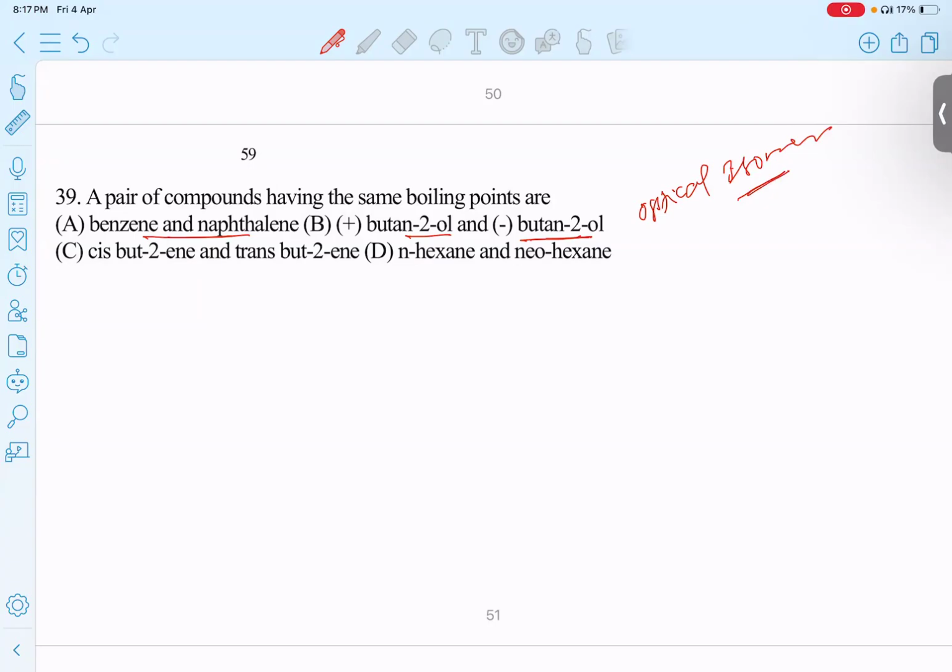Optical isomers are compounds having the same molecular formula, same structural formula, same physical properties, but differing in the rotation of plane polarized light. Therefore dextrorotatory and levorotatory butan-2-ol have the same boiling point. So the correct option is B.